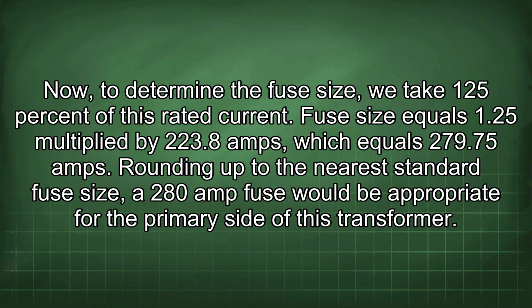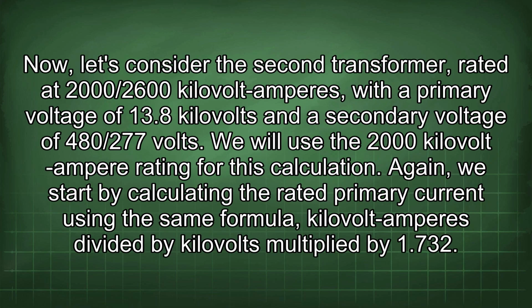side of this transformer. Now, let's consider the second transformer, rated at 2000/2600 kVA with a primary voltage of 13.8 kV and a secondary voltage of 480/277 volts. We will use the 2000 kVA rating for this calculation.